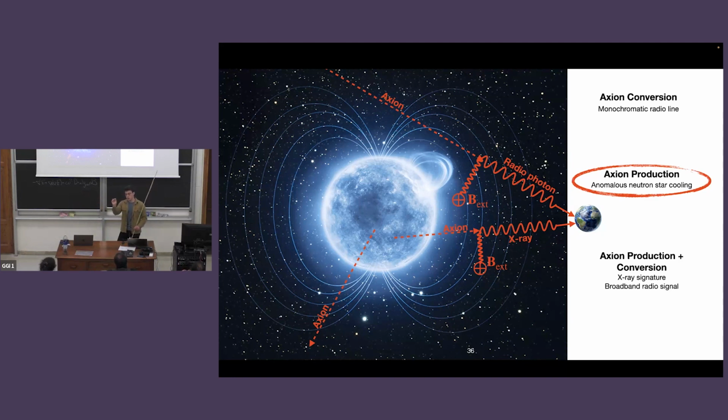So the effect of changing the plasma density profile is to shift the distance from the neutron star at which the conversion occurs. But because you have a dipolar field, if you move that conversion closer to the surface, you experience a stronger magnetic field, and that leads to a larger conversion probability. Conversely, if you're farther away from the neutron star, weaker field, weaker conversion probability.